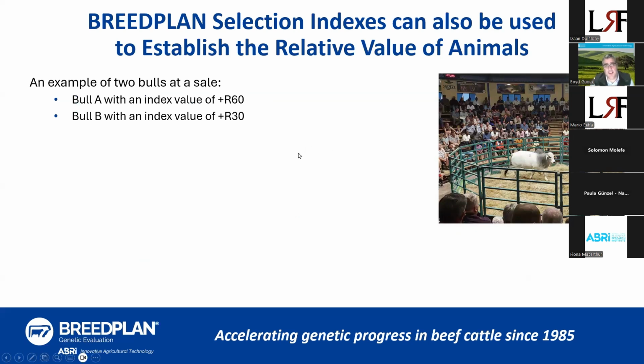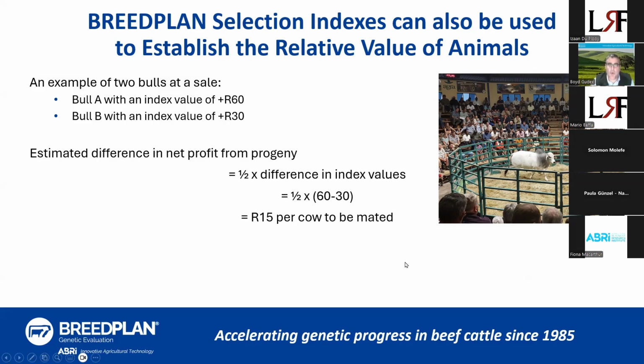The other thing you can do with a selection index is establish the relative value of an animal. So if you had 2 bulls at a sale and bull A has an index value of 60 Rand, bull B has an index value of 30 Rand, that's a 30 Rand difference between them. What we expect the difference in net profit from the progeny is half the difference in index values.